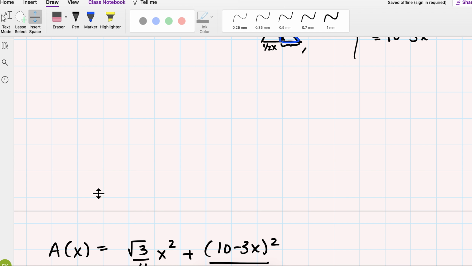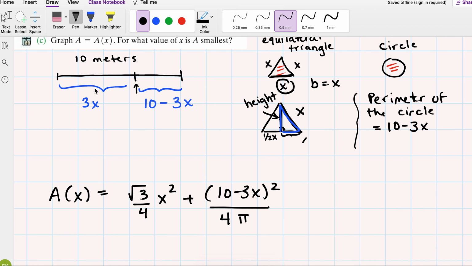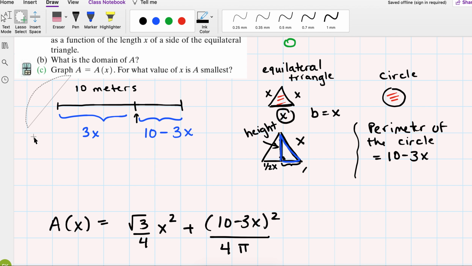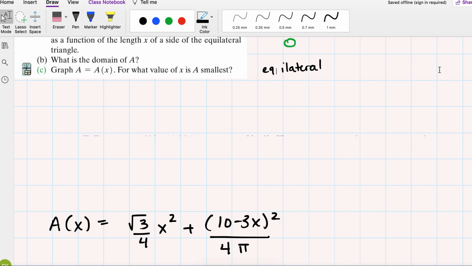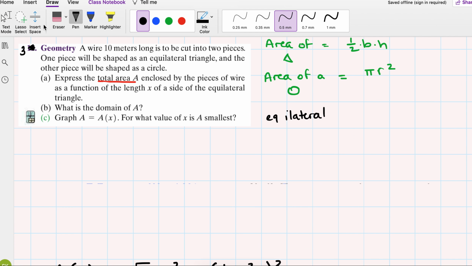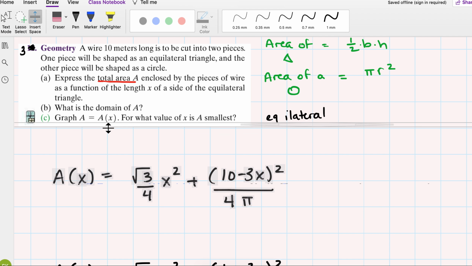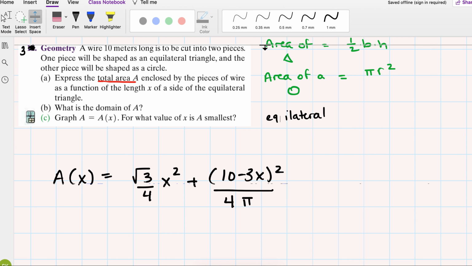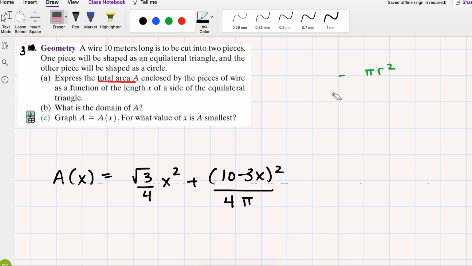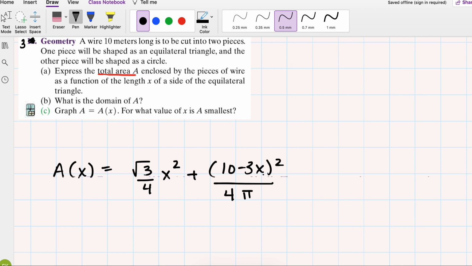So that was a little tricky. Let's see what we need to do with this second piece here. We want to figure out the domain of the function A. Now let's look at this function.